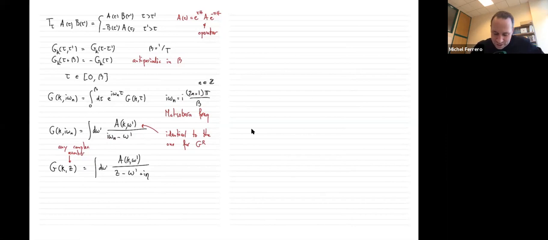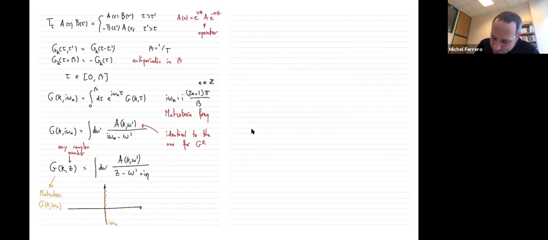So that's correct. Good, thank you. Okay. So starting from the spectral function, what we see in the complex plane is that all the functions, the retarded one and the Matsubara one, are actually just special cases of this more general function here. If I take that function and evaluate it along the imaginary axis on those I omega n, it becomes the Matsubara G of k I omega n.